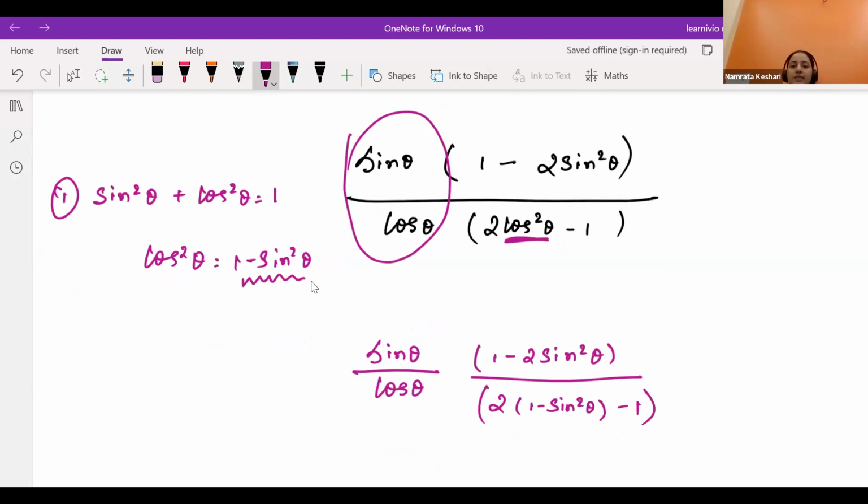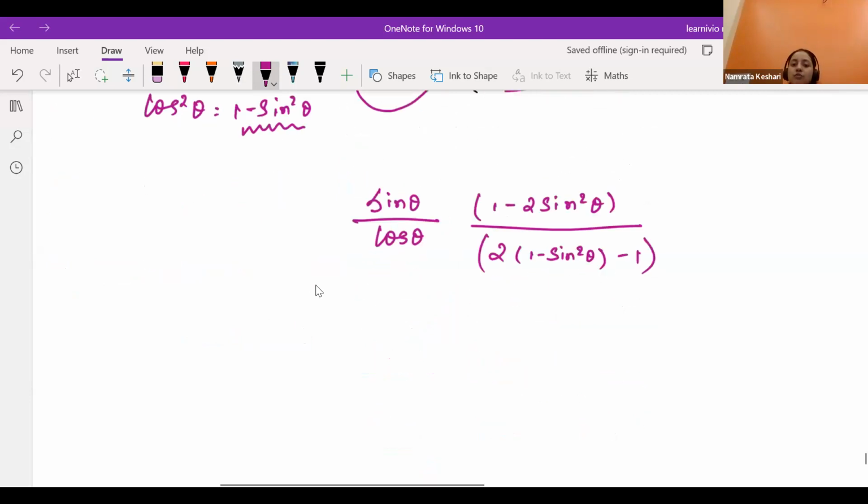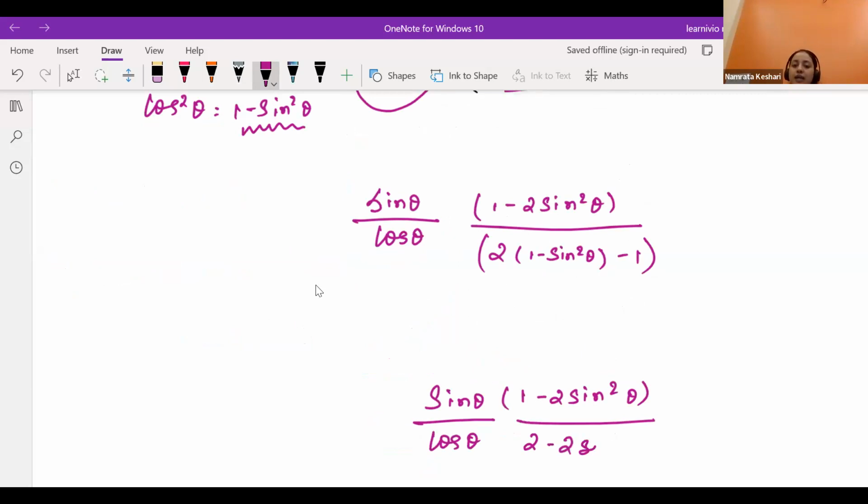Let's simplify. So 1 minus 2 sine square theta in the numerator, and of course the common factor sine theta by cos theta is still there. And here, opening the bracket, it will be 2 minus 2 sine square theta minus 1.